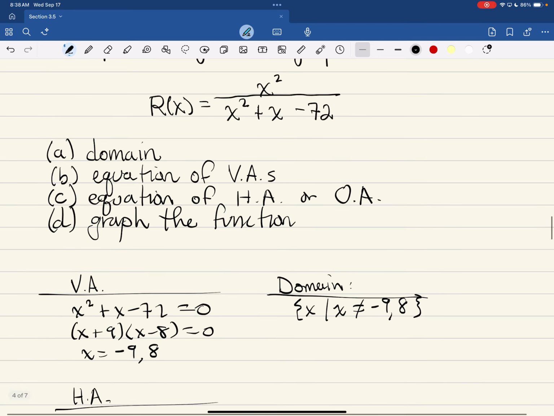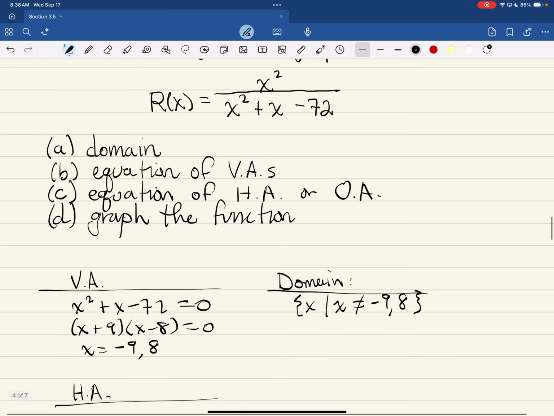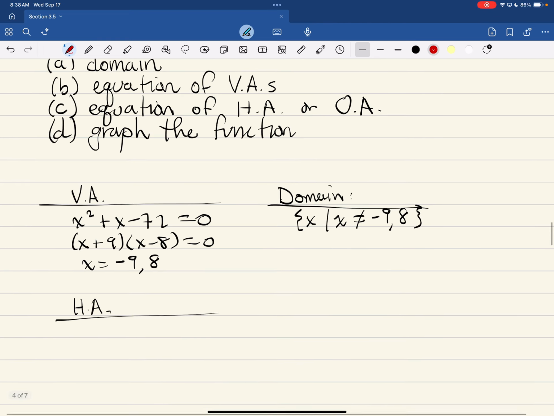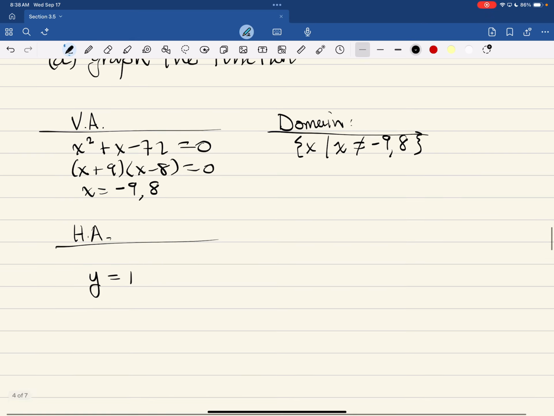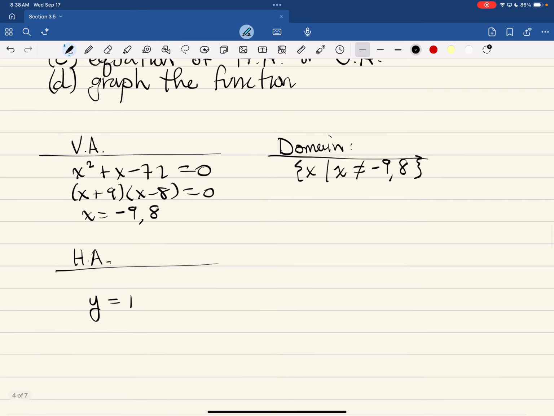Good. Since the highest powers are the same, I can take the coefficients of those, which are both 1s, and so I'm going to get 1 over 1. Everybody's seeing how you get that? Okay, so we have a horizontal asymptote. We have 2 vertical asymptotes.